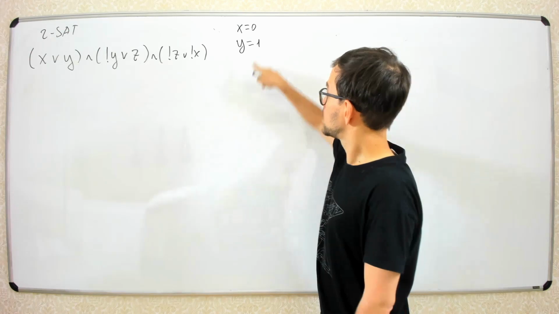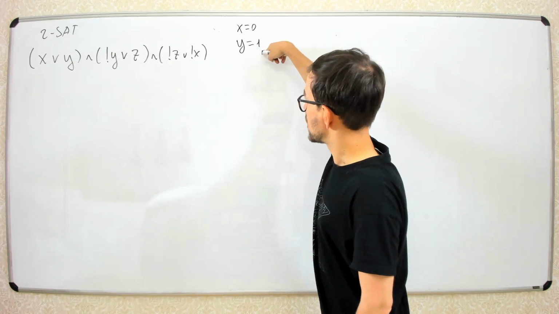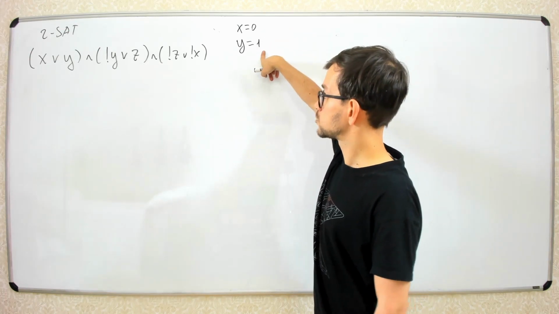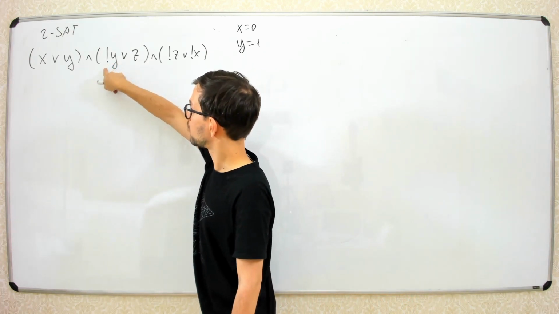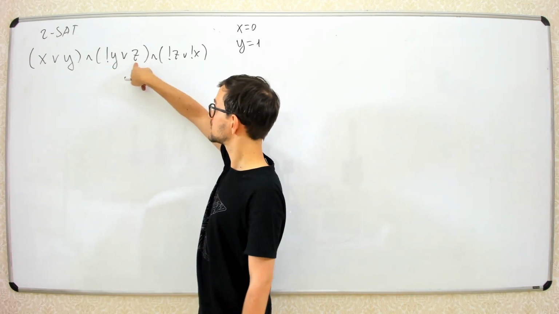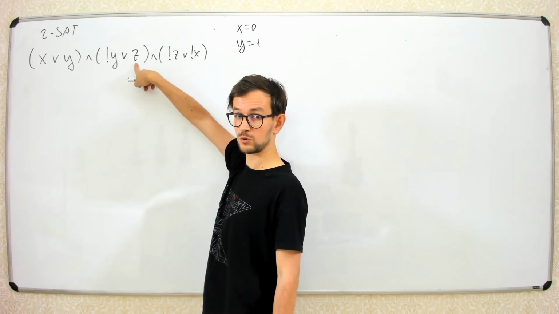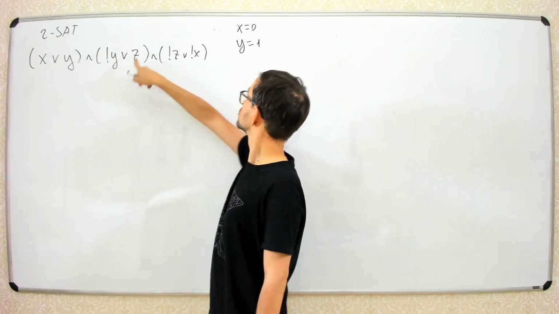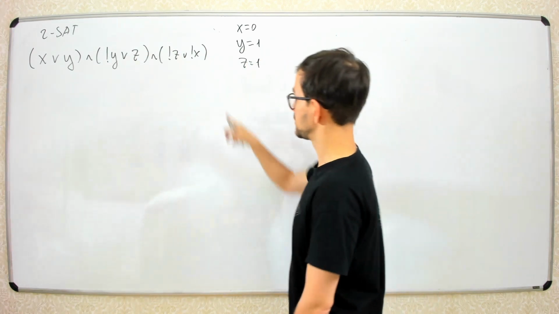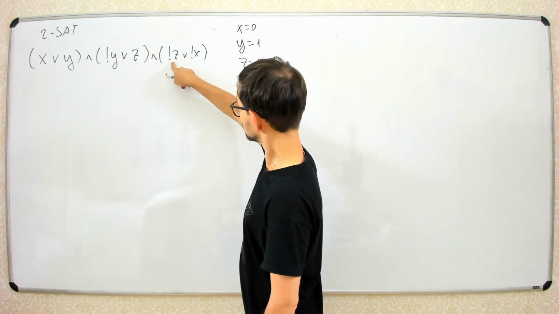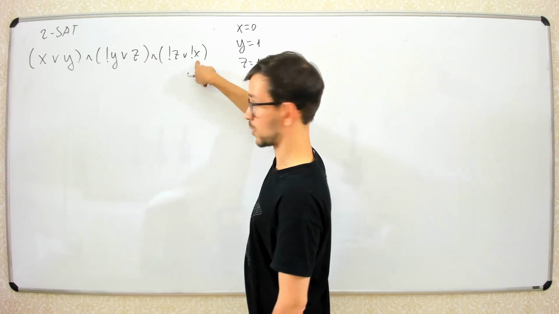Now, we know that x is 0, y is 1. Let's look at this clause. For this clause, we have false here, so this must be true. So z must be 1. Now for this clause, we have false here, true here.